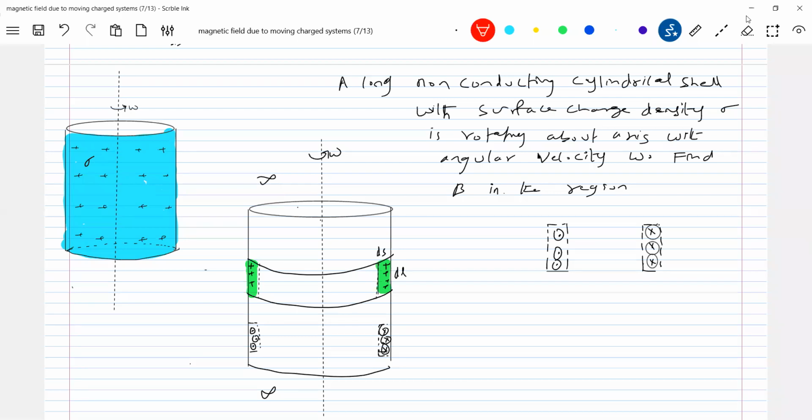B bar due to this will be in this direction, and B bar due to the other one will be in this direction. What about magnitude? Magnitude is the same. We have to calculate the net field. We'll take superposition. We'll calculate the field inside and outside the pipe. Once you get that, similar to a current carrying strip, I think you can manage. And what about here? We are seeing this.